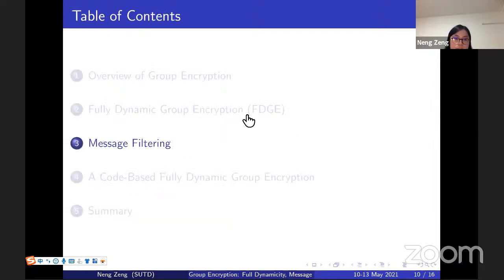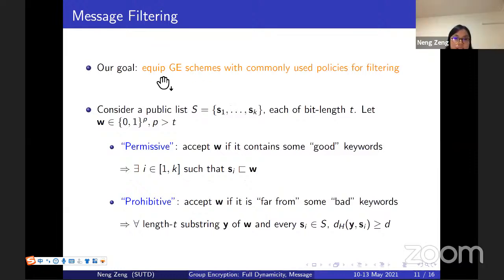Next is the message filtering. So our goal is to equip our group encryption scheme with some basic yet commonly used policies for filtering. More precisely, we consider a public list S with S1 to Sk of k binary keywords, and each of them has a bit length T, and we want to test against length T substrings of the encrypted message W. By the way, the list can be regularly updated by the group manager.